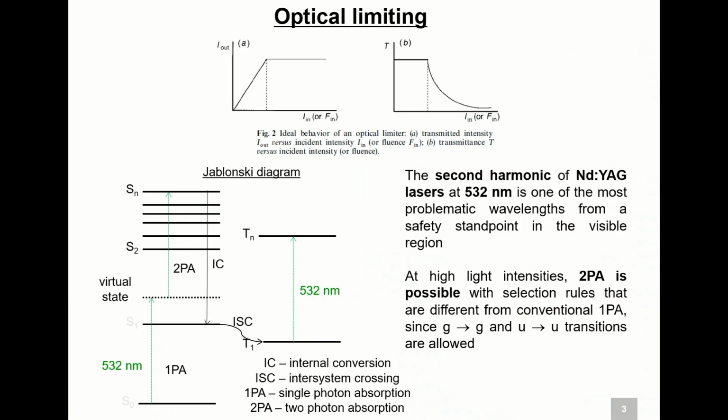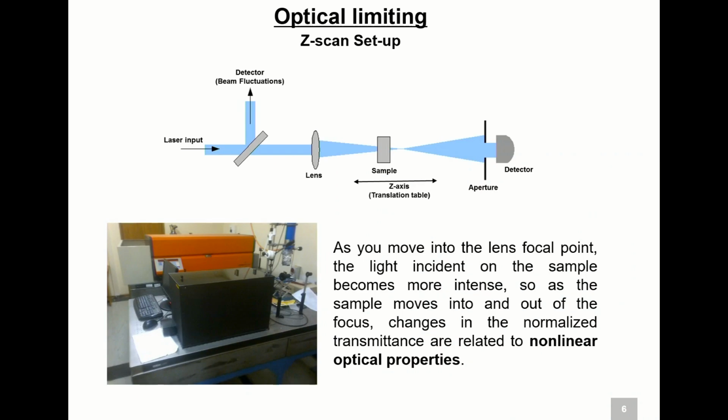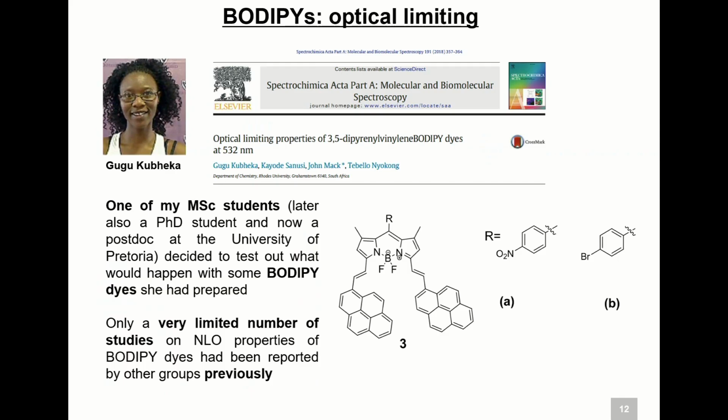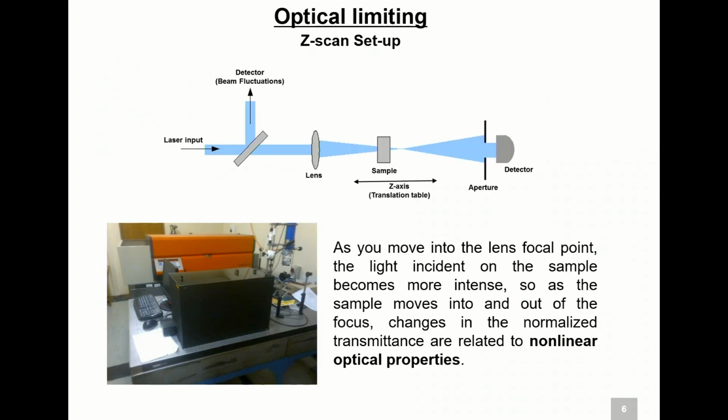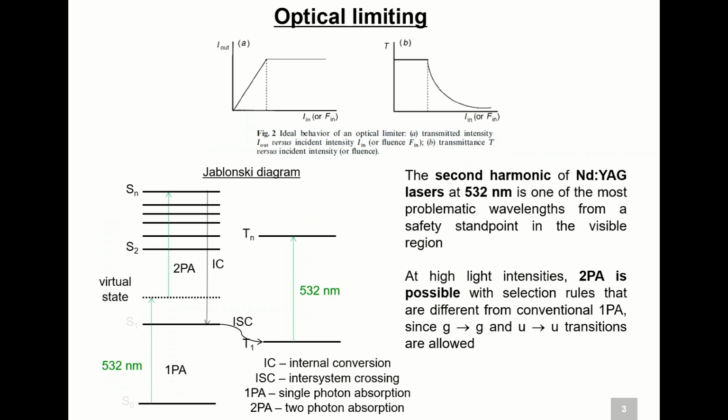And essentially, we use an approach called Z-scan. We've got our molecular dye in a sample cuvette here. We're moving it through the lens focus of a laser beam. And by doing this, we can determine whether the molecular dye has nonlinear optical properties with respect to transmission of the light.